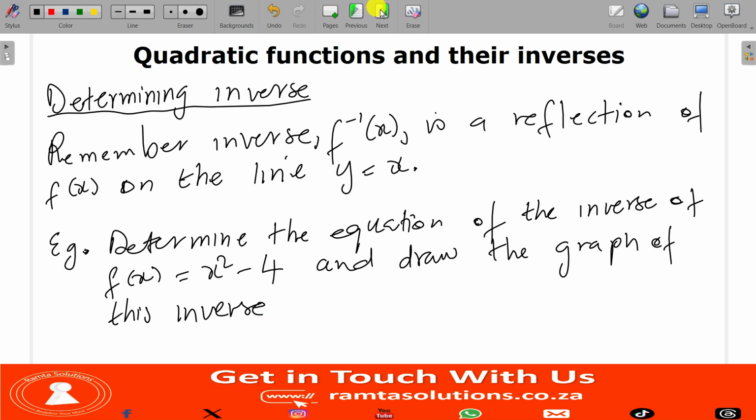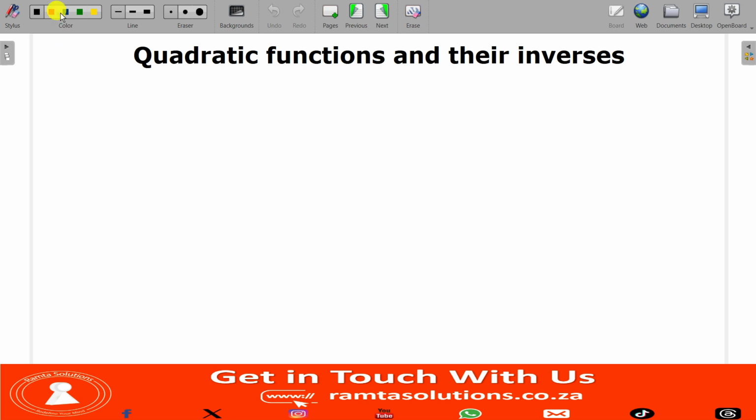Let's go. So let's determine the equation. So what do we do when we determine the equation? We had our solution. Remember, f of x is similar to saying y. It was equal to x squared minus 4, isn't it?